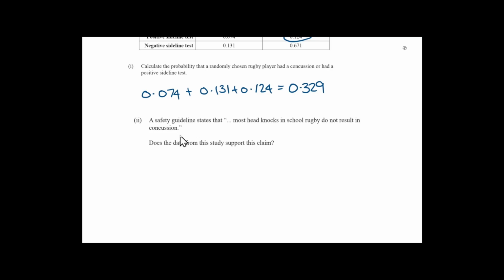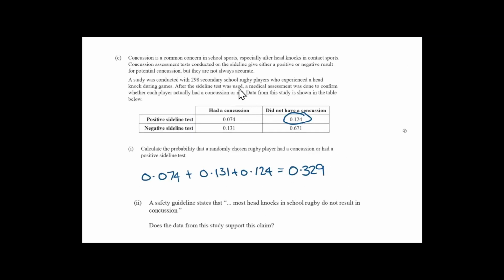So the safety guideline states that most head knocks in school rugby do not result in concussion. Does the data from the study support this claim? Now, there are a couple of things that need to be said about this. Notice the wording here. Who experienced a head knock during games had concussion.